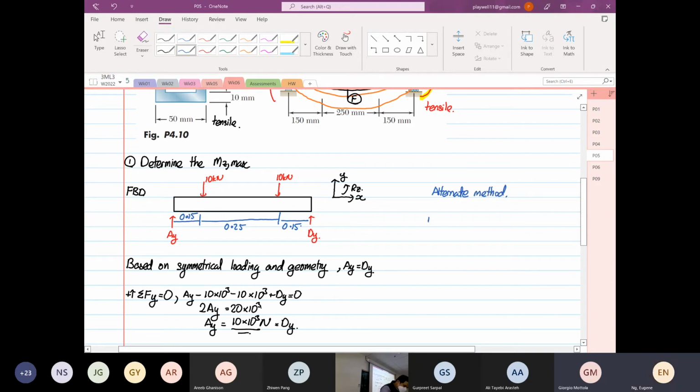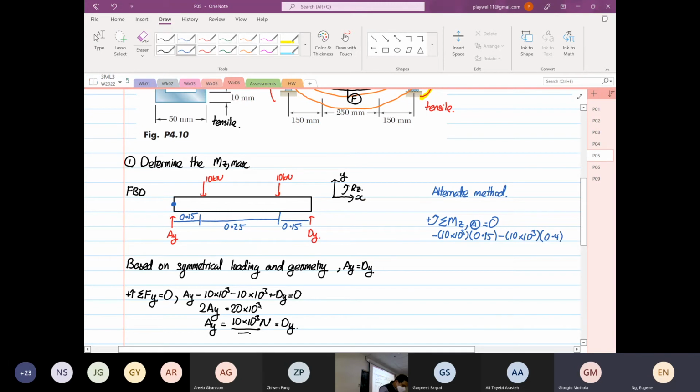We just do the summation of moments in the z direction at point A equal to 0. So we're going to take moment at this point over here. Going clockwise, minus 10 times 10 to the power 3 multiplied by 0.15, minus 10 times 10 to the power 3 multiplied by 0.4, right?